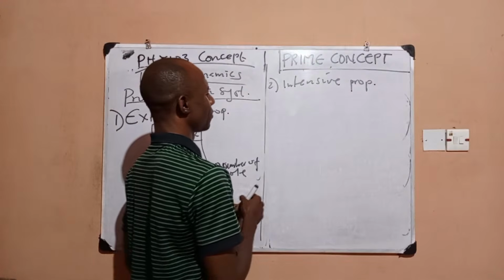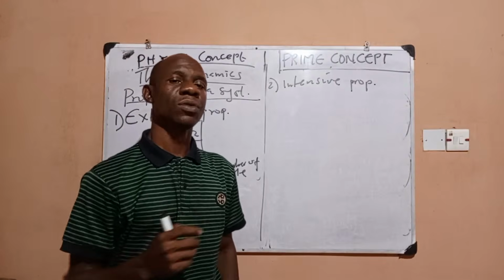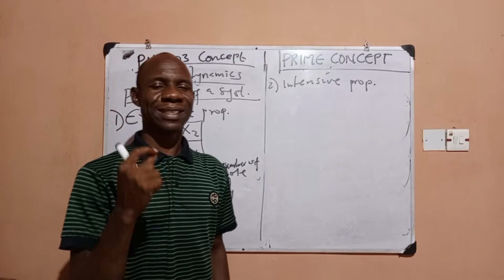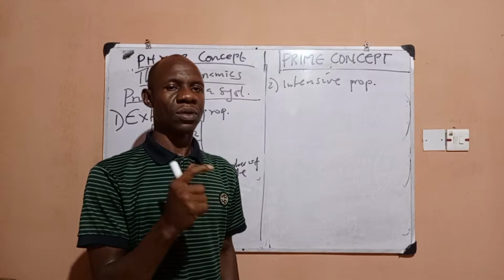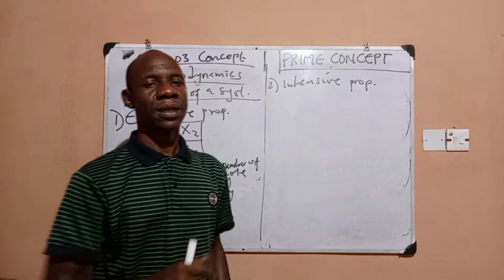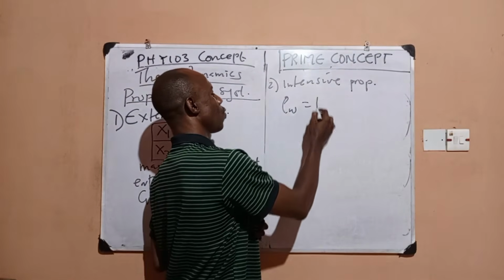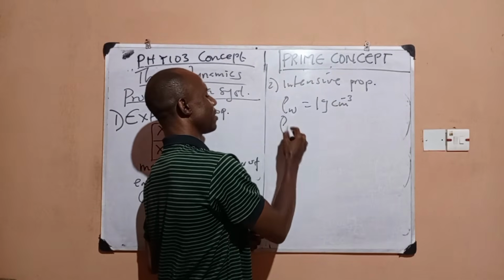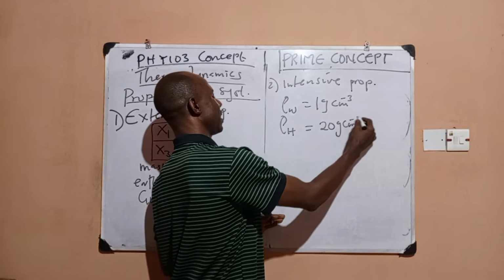Now, examples of intensive property. For example, just to help you understand, if you bring, let's say, honey. I hope you know honey is dense. Honey is denser than water. You know that honey is thicker than water, so honey is denser than water. If you bring water, and let's say the density of water is 1 gram per cm cube, and the density of honey, let's say it is 20 gram per cm cube.